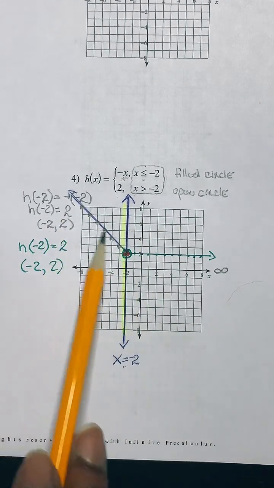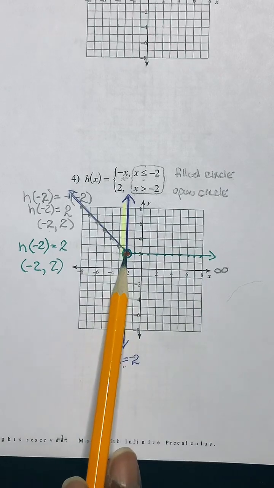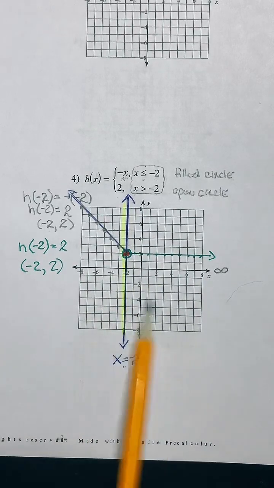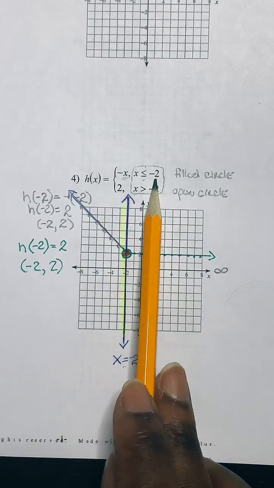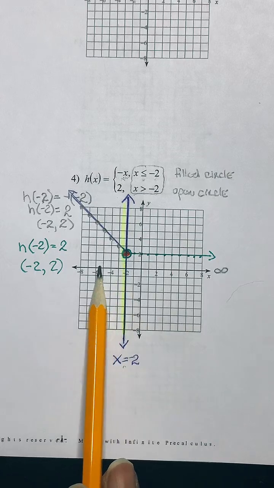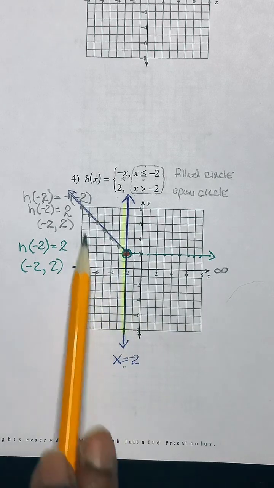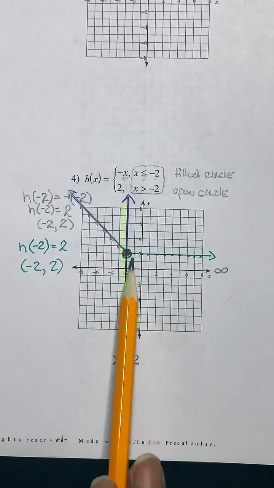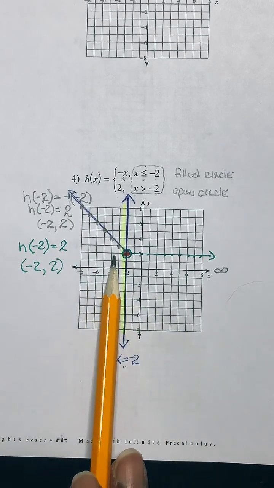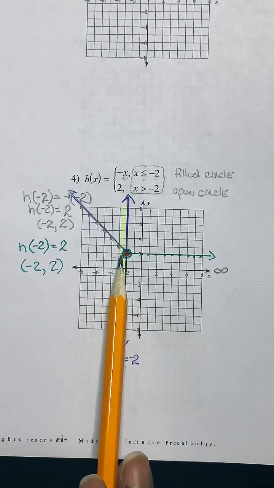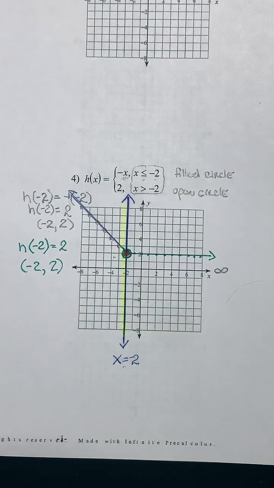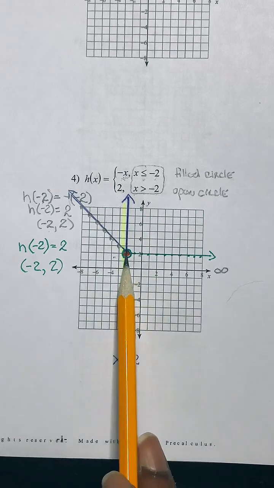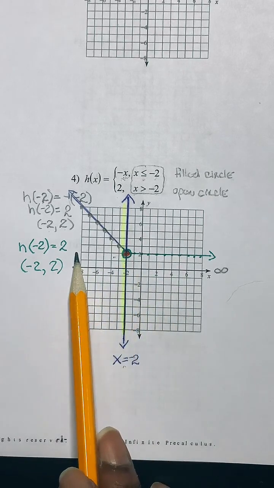You can graph the equation of the line going through that point, and then you could erase what you only need because we're looking when x is less than or equal to -2. So we're dealing with the left side of that boundary line. If I drew this whole entire graph, I would erase the right side because I'm looking for just a piece, hence the name piecewise function. You're not creating the whole entire line, just a piece of it. So you're looking for the piece from -2 all the way to -infinity.